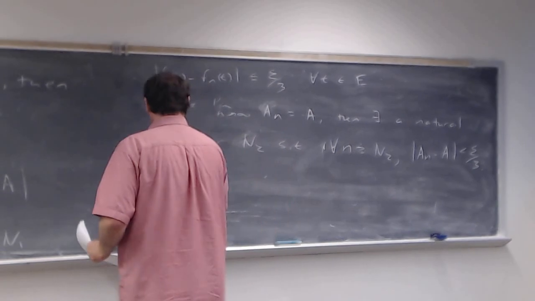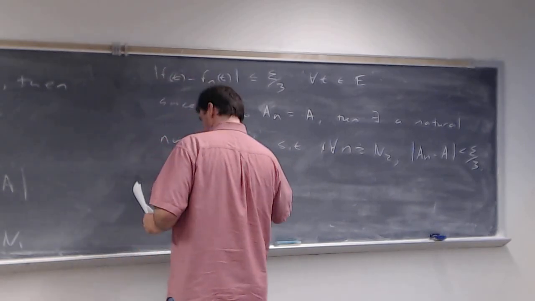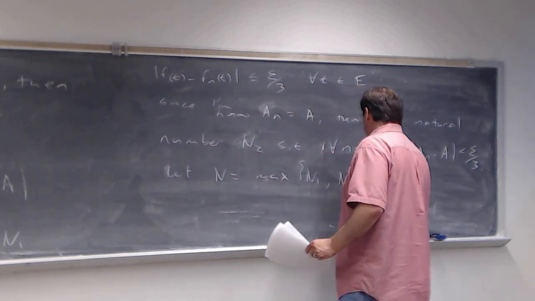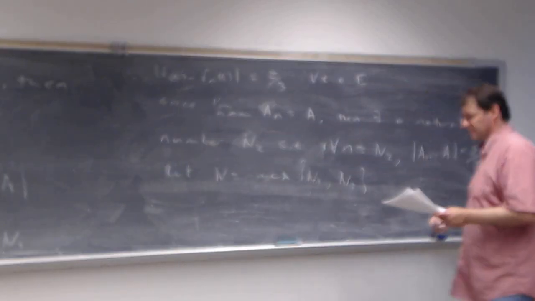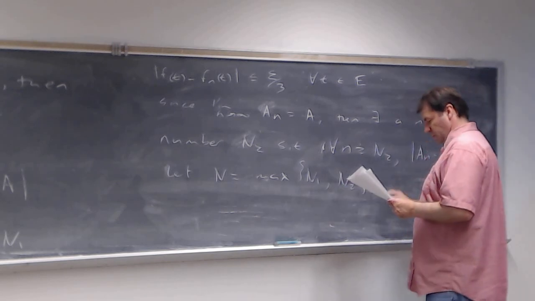Now we'll let big N equal the max of n sub 1 and n sub 2. So we push far enough along the sequences so that both of the things we want to happen, happen.